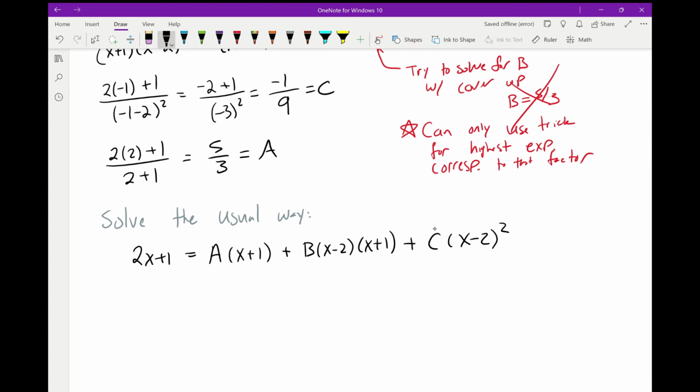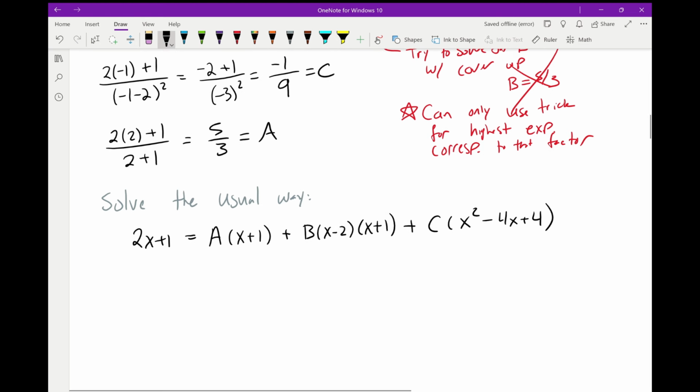And then to make my life easier, I'm just going to go ahead and expand this out real quick. So that's going to be x squared minus 4x plus 4.